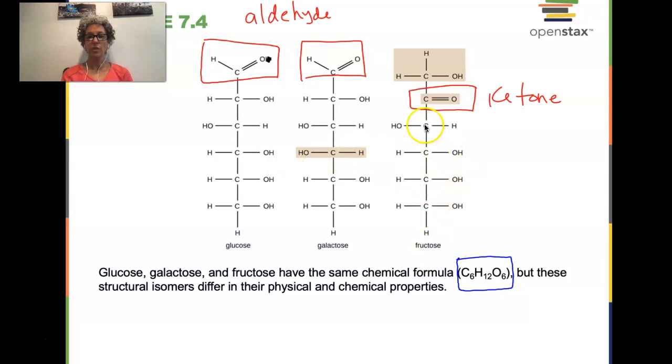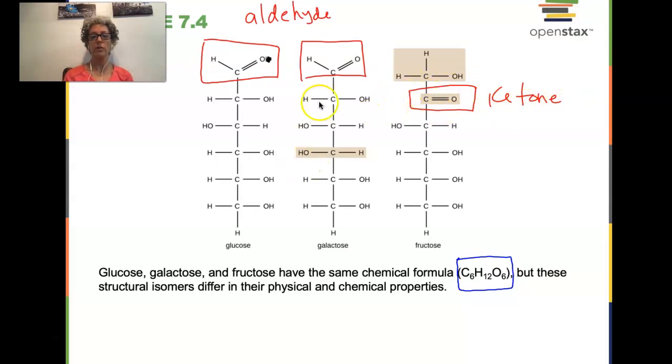Fructose, its 3rd through 6th carbon look just like glucose. The difference is at their 1st carbon, fructose has an OH, all single bonds around that carbon, and the 2nd carbon is where that double bond is found. And if we have a carbon double bonded to an oxygen somewhere in the middle of a molecule, that is called a ketone.